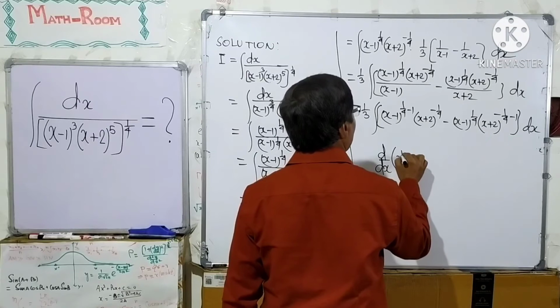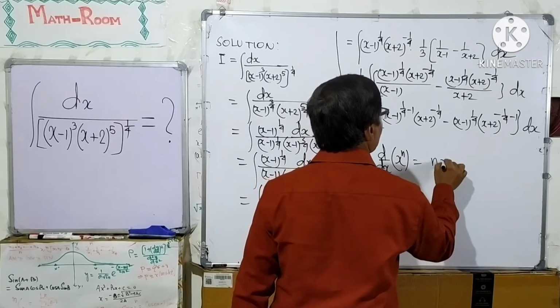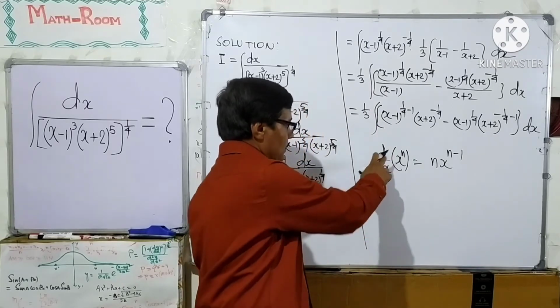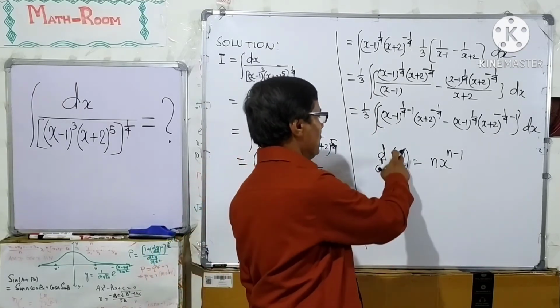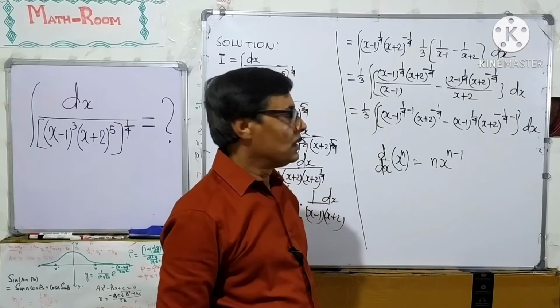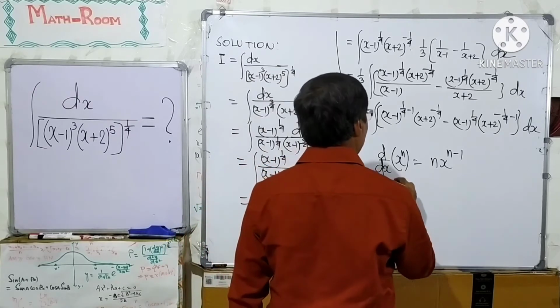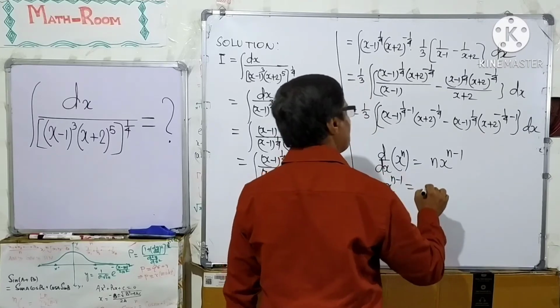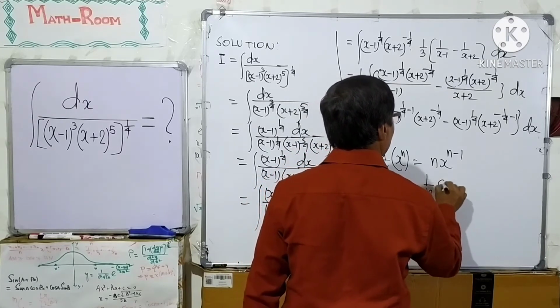Now we have already known that the derivative of x to the power n is n x to the power n minus 1. So, x to the power n minus 1 can be written as 1 over n d/dx of x to the power n.